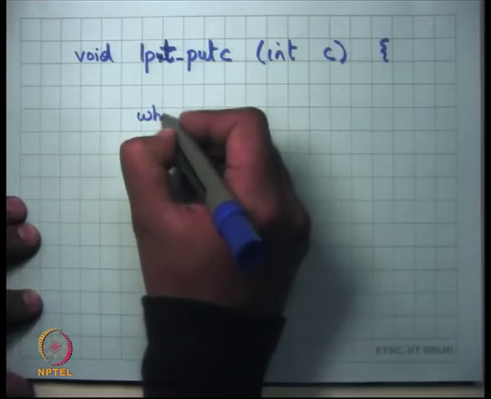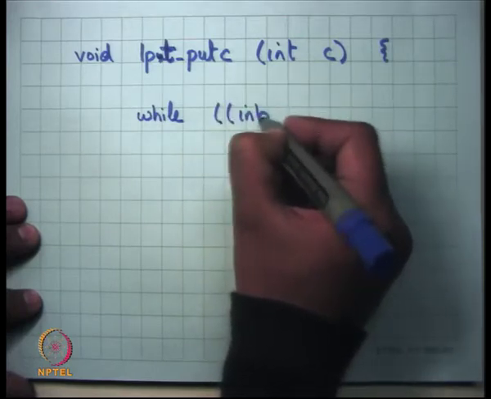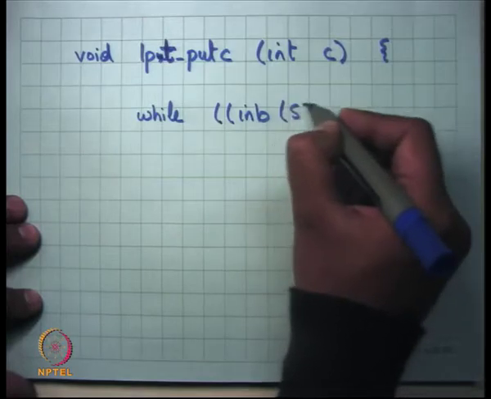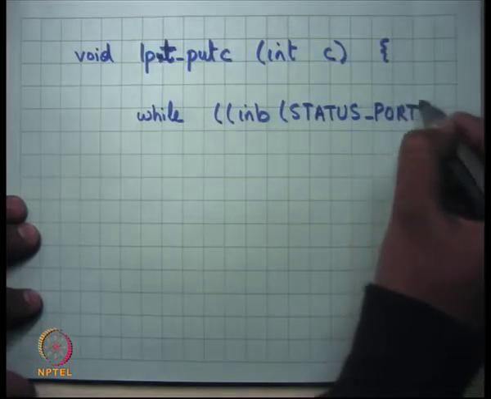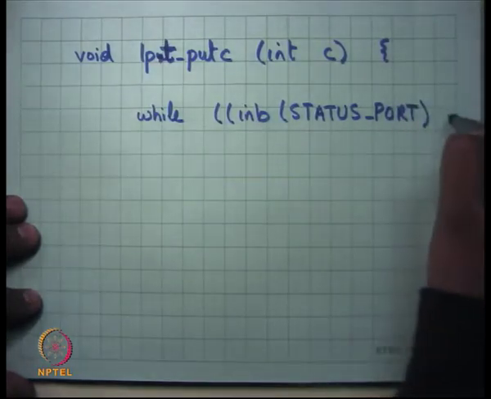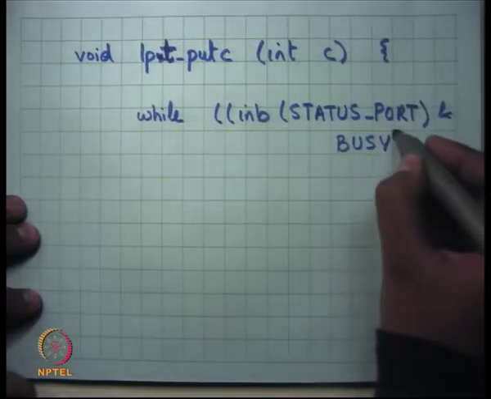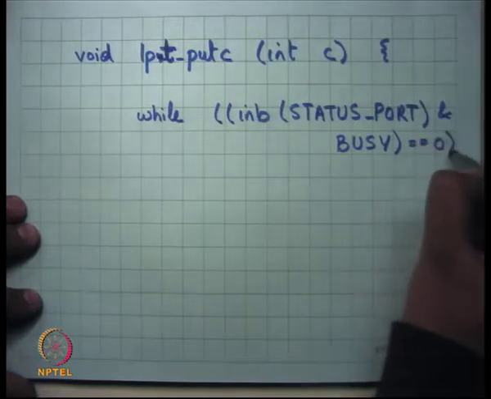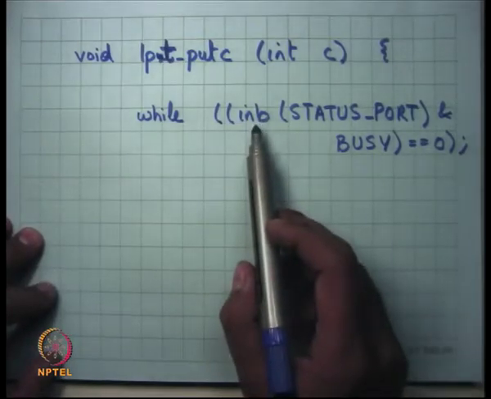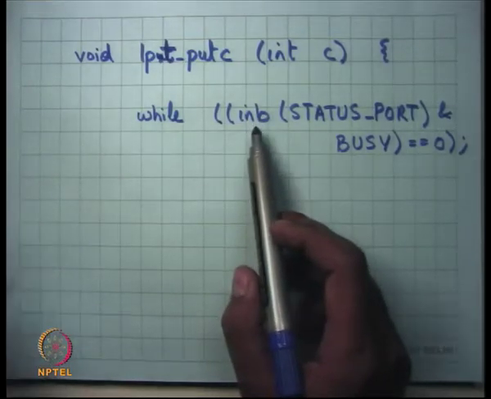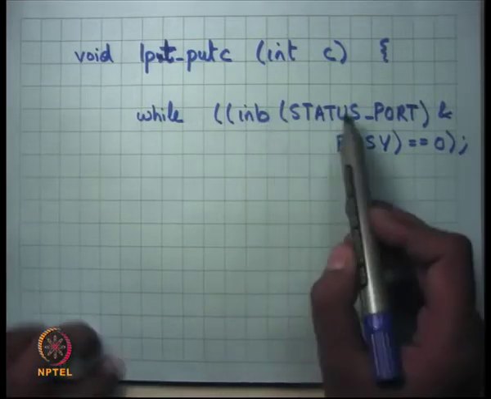So I could say while inb status port. All right, what am I doing here? inb is another function which internally is just executing this instruction called inb on this port called status port.